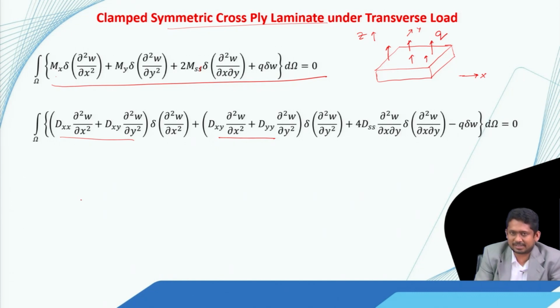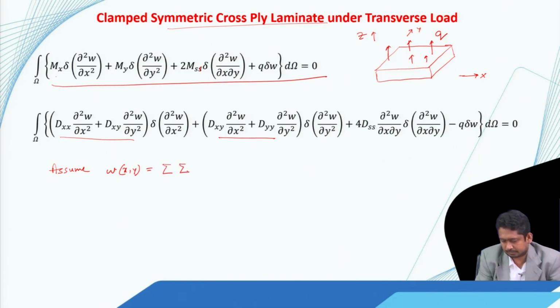Now, we need to make the assumptions. So, let us assume, and we know that the assumption should be such that it satisfies our essential boundary condition. In our case, the essential boundary condition is homogeneous. So, let us assume terms like this: n equal to 1 to N, m equal to 1 to M. Capital X is a function of x and small y is a function of y.